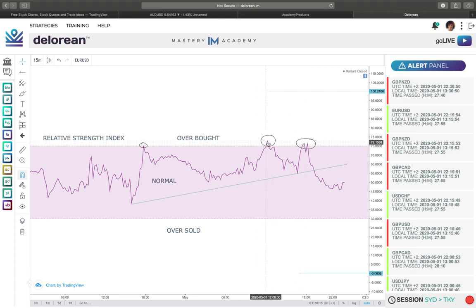Should you be looking to buy or sell when the market is above the purple region? Well, intuitively speaking, we should be looking to sell. A lot of you guys mentioning that. And that's great. You're thinking ahead.